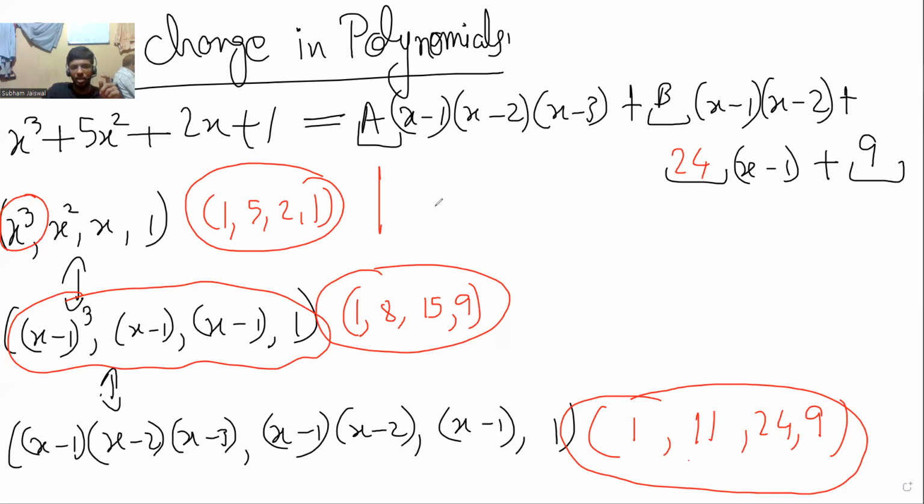For example, what is x cube in the first coordinate system? It is 1 0 0 0, right? Because it's x cube, the x square coefficient is 0, and the x coefficient is 0.